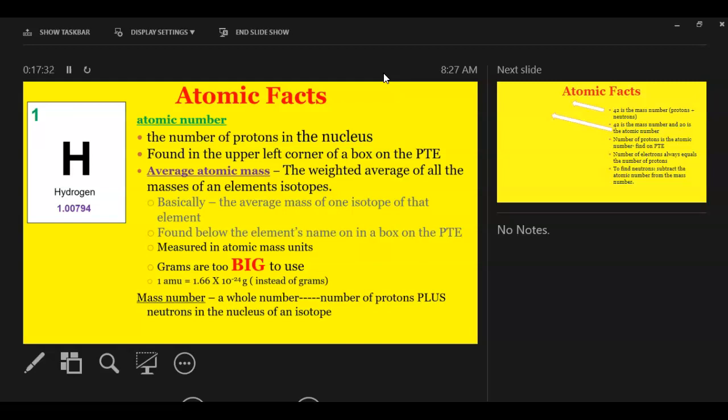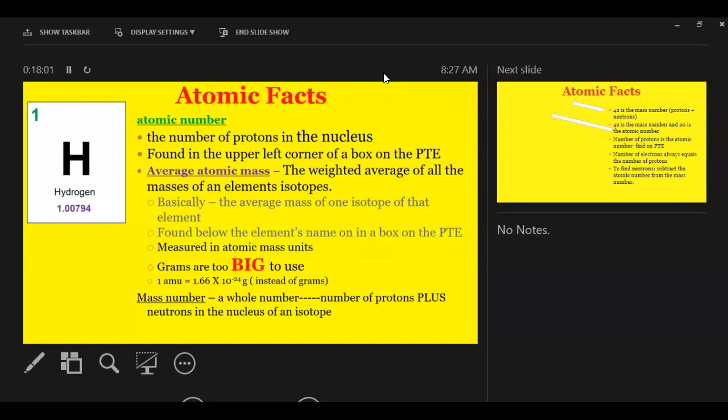So instead, we use a scale that's much, much smaller, and easier to work with when we're finding the mass of super small things. And atoms and protons and neutrons and electrons are super small things. So this weighted average, one hydrogen atom is approximately 1.00794, we would say AMU, or atomic mass units.